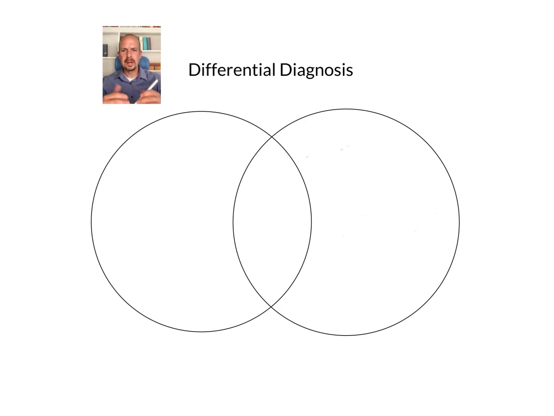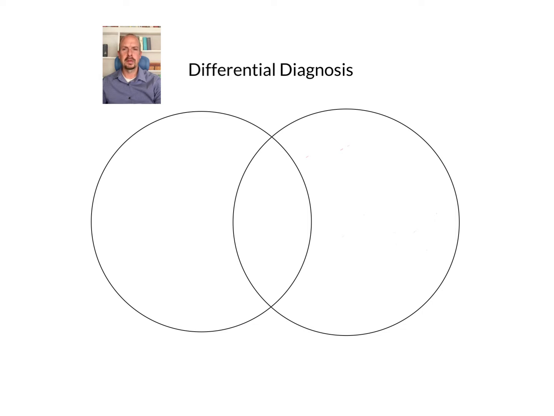So, a differential diagnosis, generally speaking, is an attempt to come to a diagnosis when multiple symptoms overlap between potential conflicting or additional diagnoses. For example, let's take a look here.